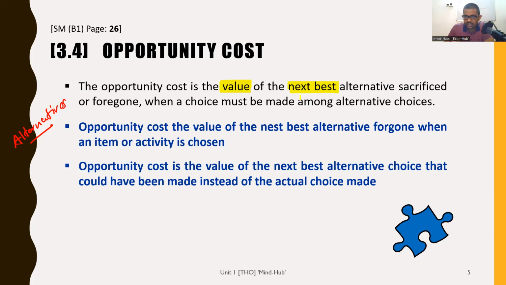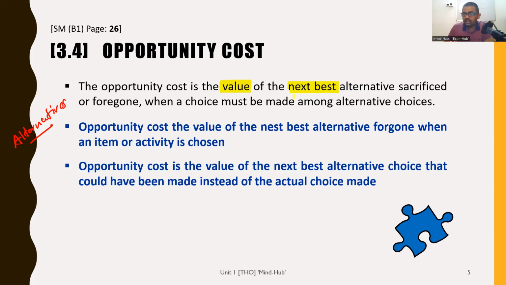We can only select one thing, make a choice about one alternative. That doesn't mean that we are practically giving up all the other alternatives. Anyway, we wouldn't have been able to attain or achieve all the alternatives.